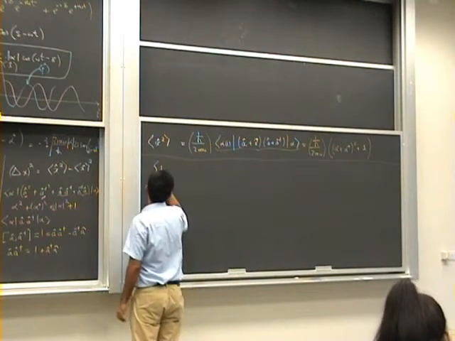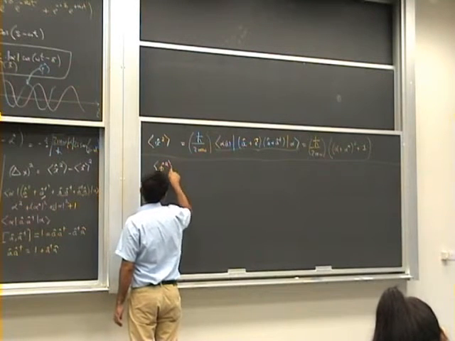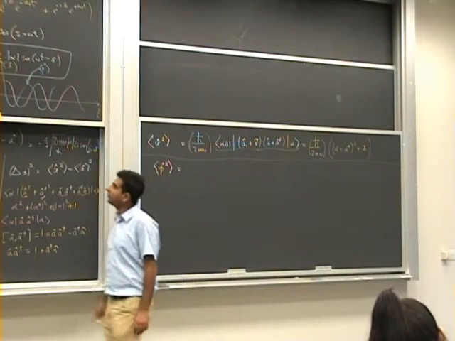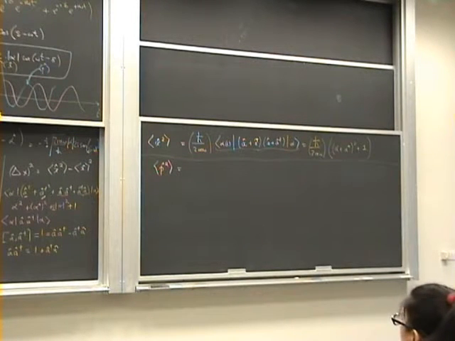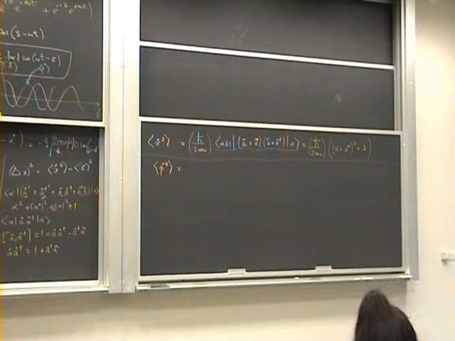Similarly, let's find the expectation value of the momentum squared. Now the momentum operator is minus i times the square root of 2m omega over h bar, times A minus A dagger. So I have to square this now. I get plus i squared, which is minus 1.